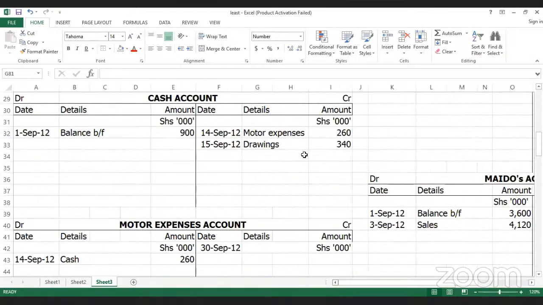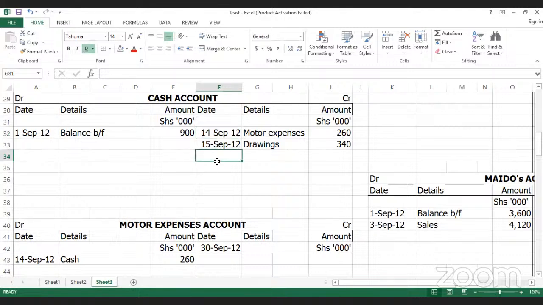This is our cash account, members. The debit side of the account is bigger. So at the end of the month, we have to balance off the cash account. We are going to insert the balance on the side with the smallest total, and the side with the smallest total is the credit side.